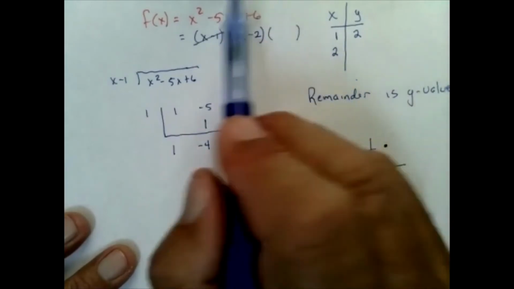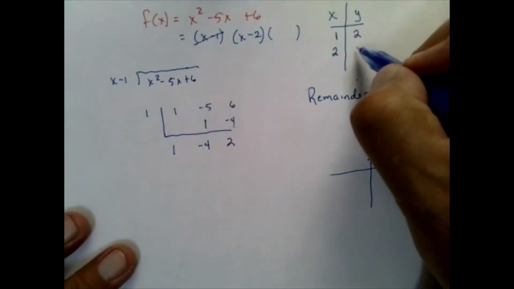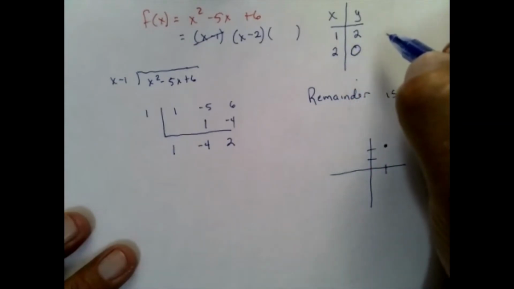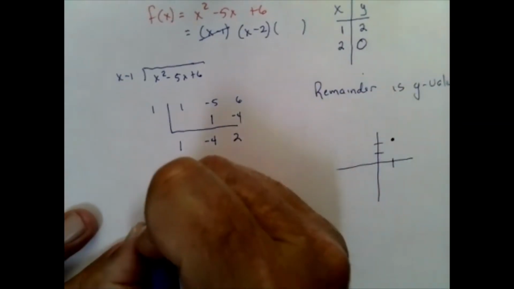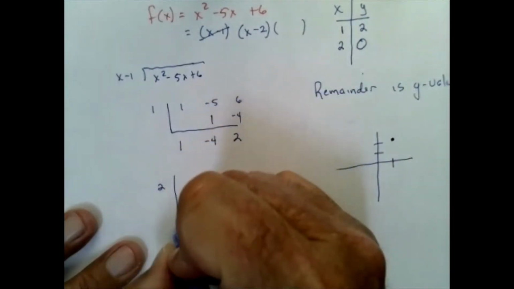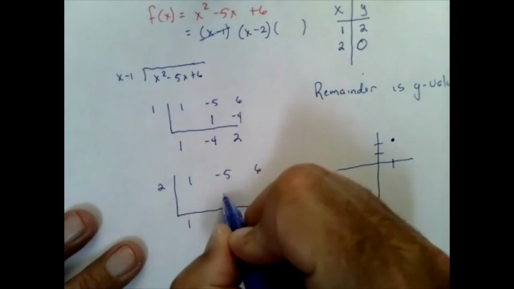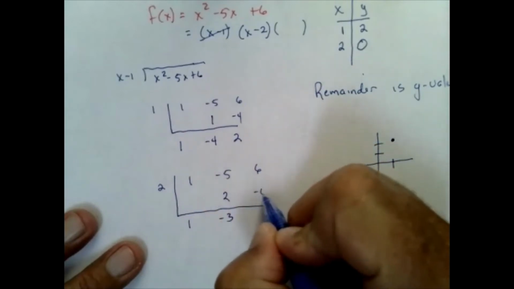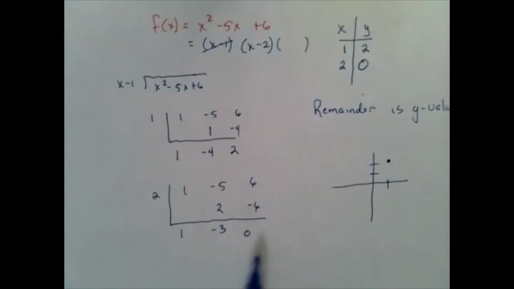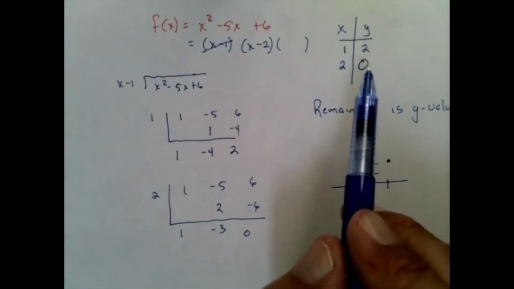And if I plug 2 in, I get 0, which means if I use synthetic division with 2 on 1, negative 5, and 6, I get 1, negative 3, and 0. So my remainder here is the same as my y value.